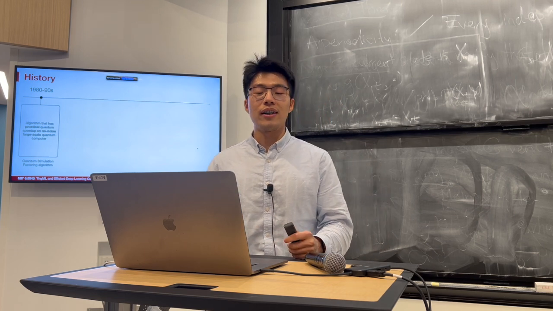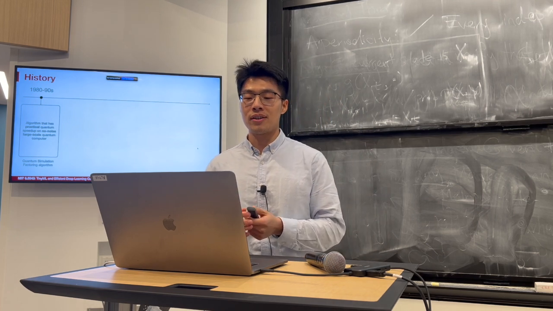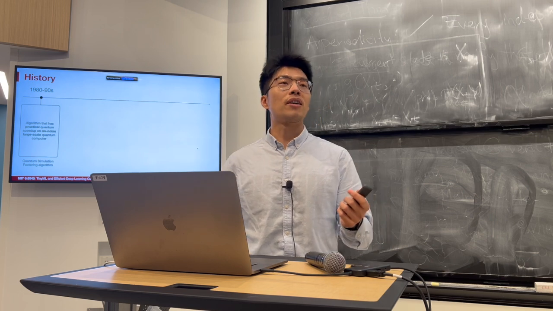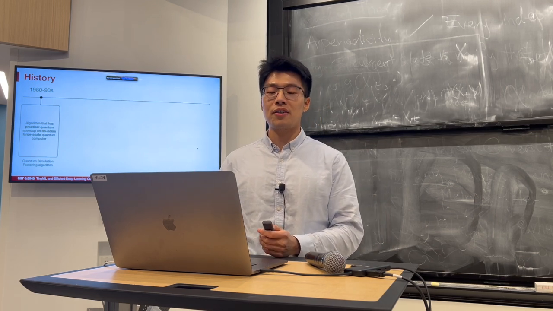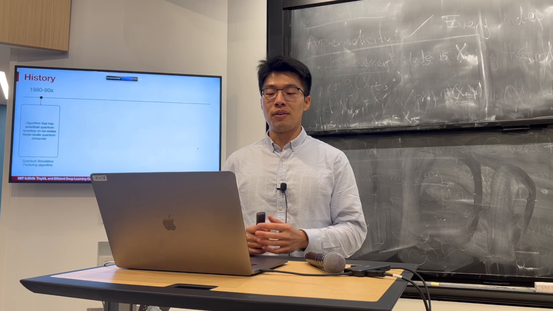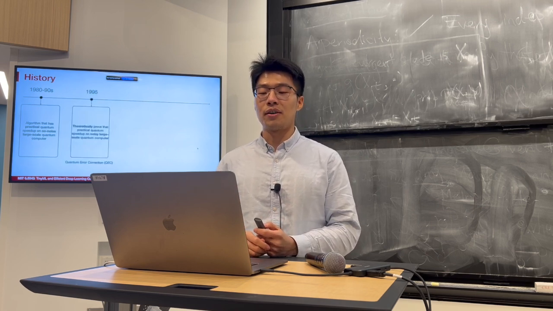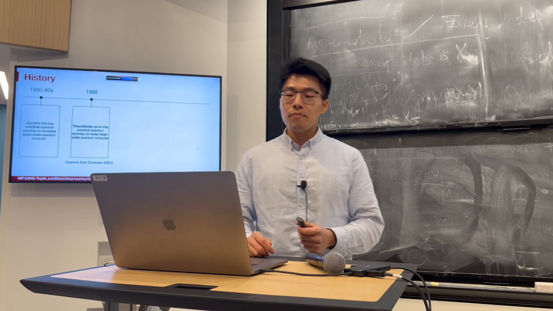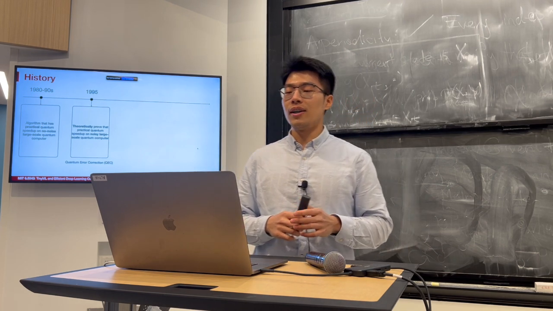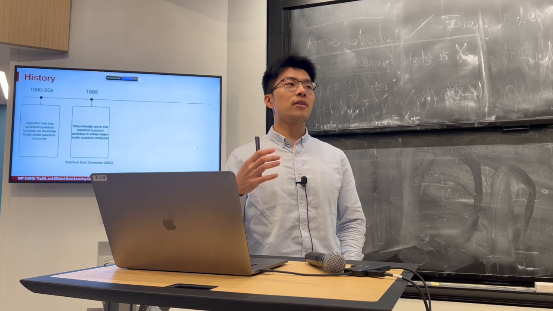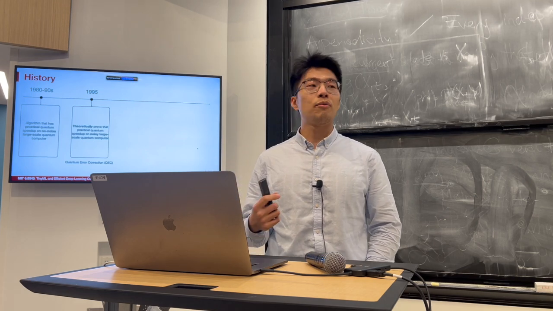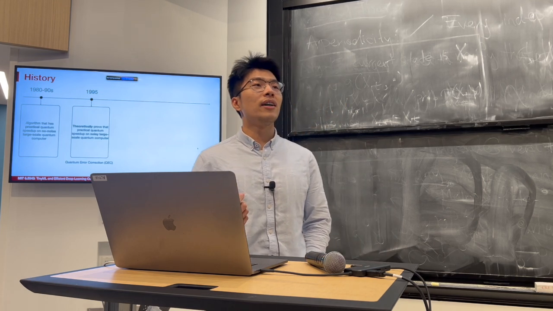They also assumed a very large number of qubits, maybe millions of qubits at hand. But those assumptions were not realistic 30 years ago, because people were not yet fabricating any quantum devices.